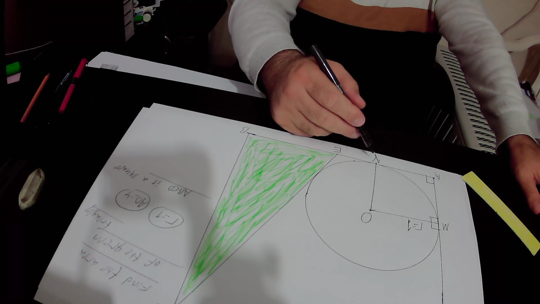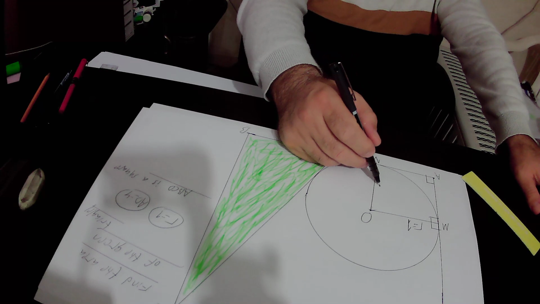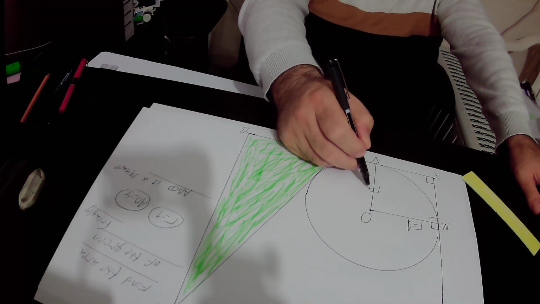Therefore, ON is defined as the radius, therefore it equals 1 unit.